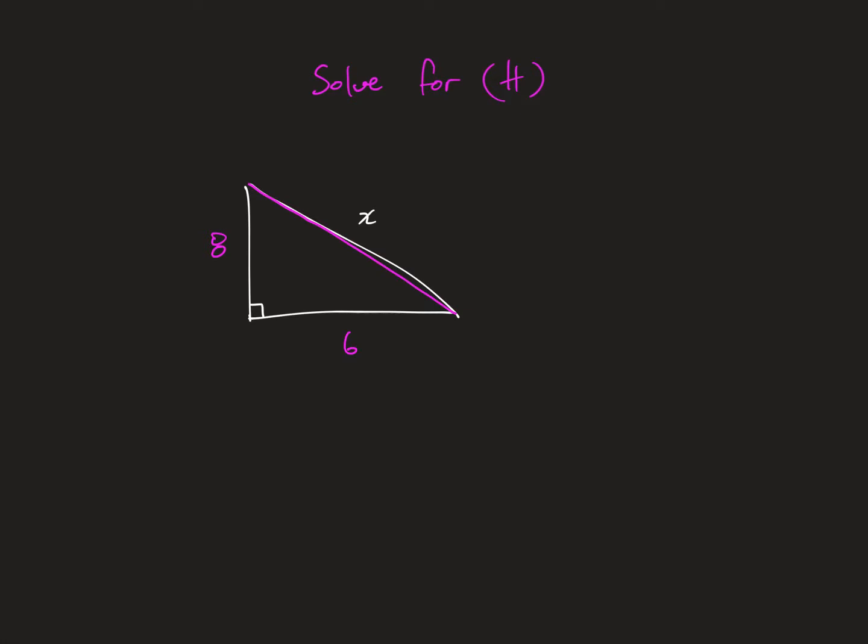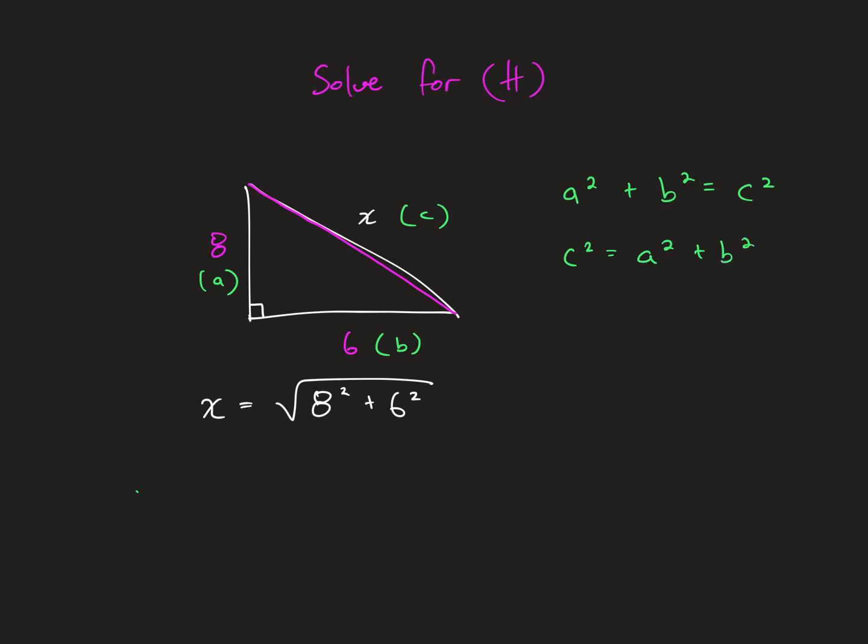And we know that our x is equal to the sum of 8 squared plus 6 squared. Now what you'll see a lot is they call the legs a and b and the hypotenuse c, and they'll say a squared plus b squared is equal to c squared, or they'll write it as c squared is equal to a squared plus b squared.